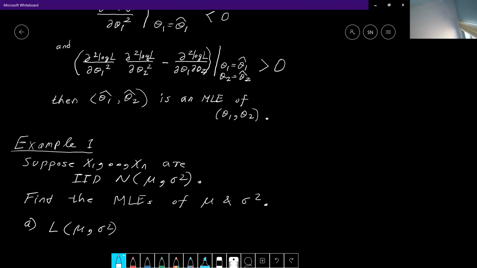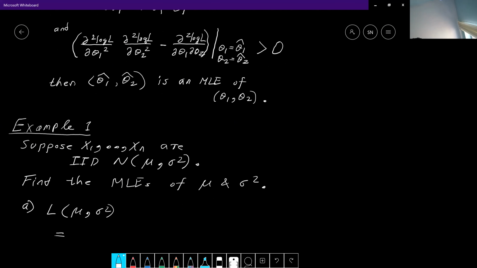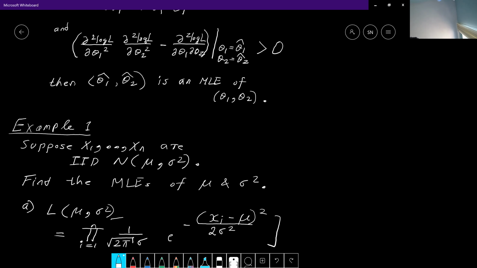the likelihood function of mu and sigma squared, which is going to be the product of the density function. I'm sure all of you know the density of a normal distribution, which is this, right? All right, this is the density of the normal distribution.